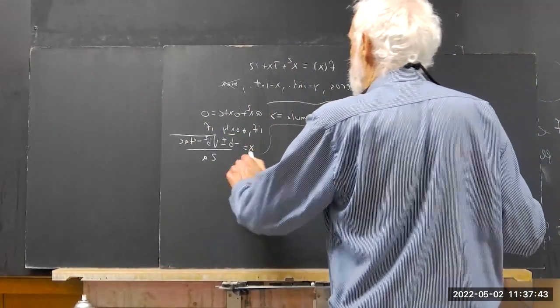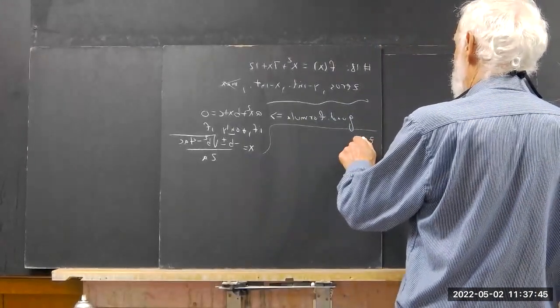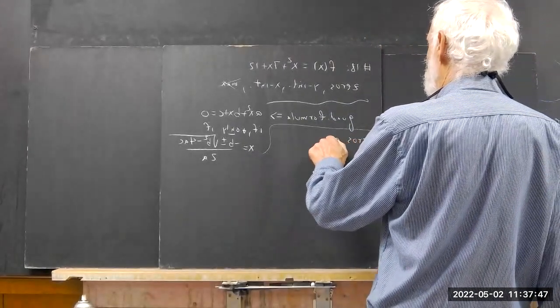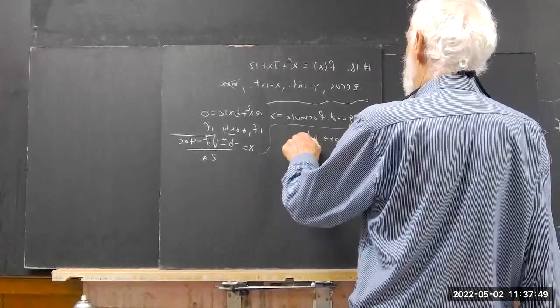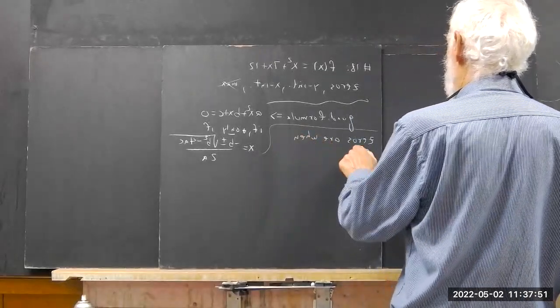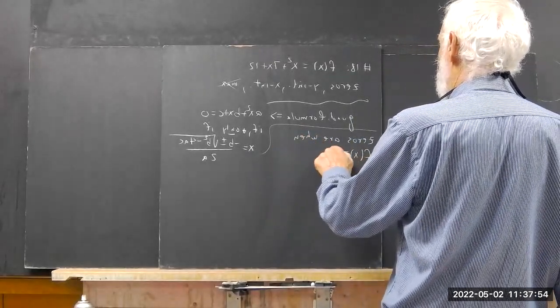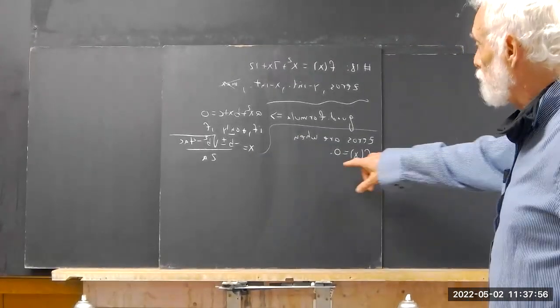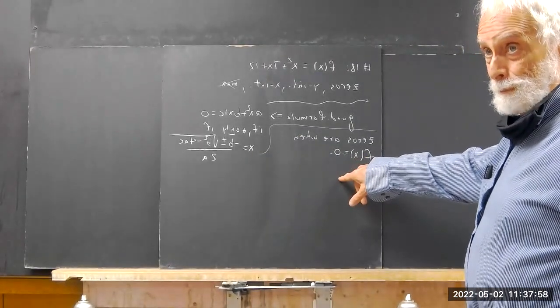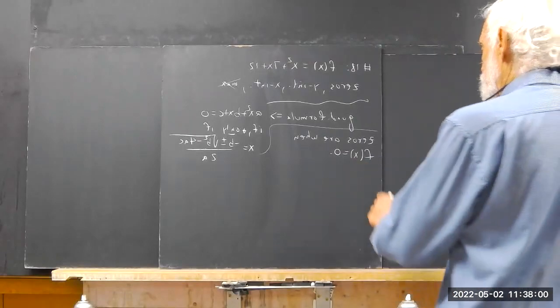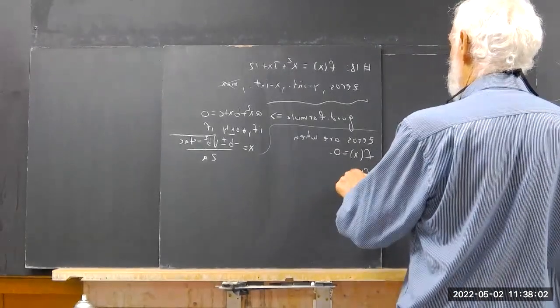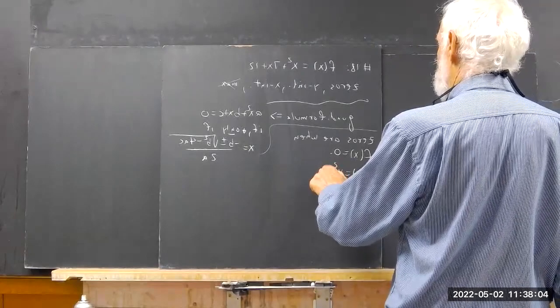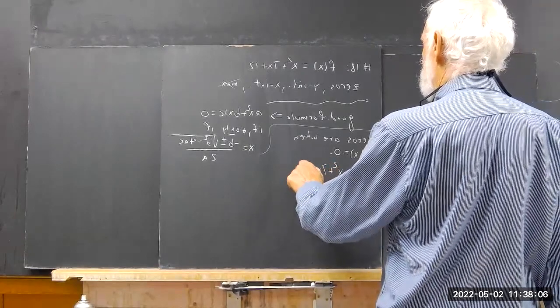So zeros are when f of x equals 0. f of x equals x squared plus 7x plus 12.